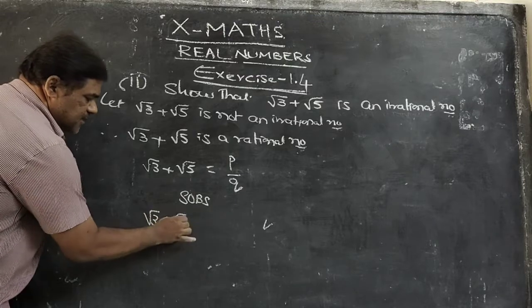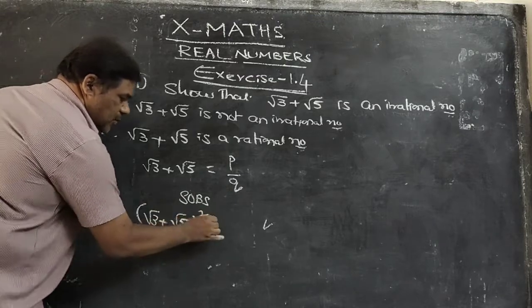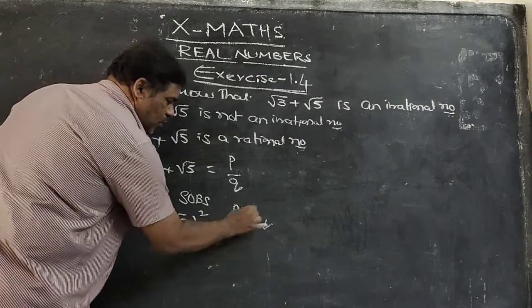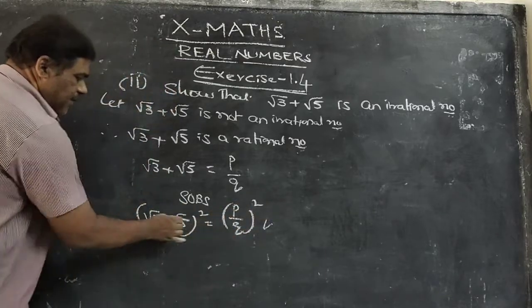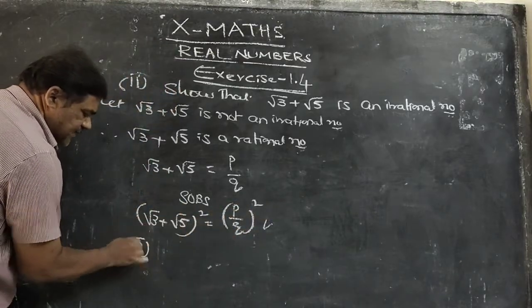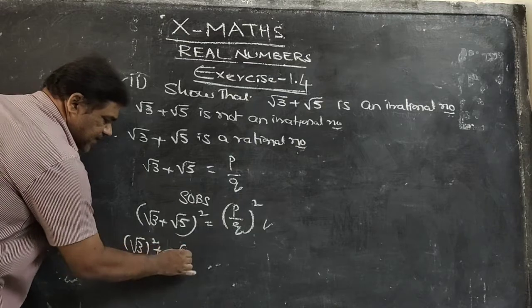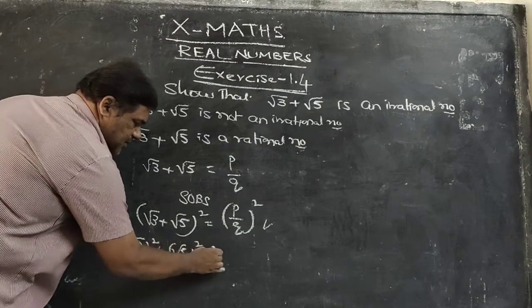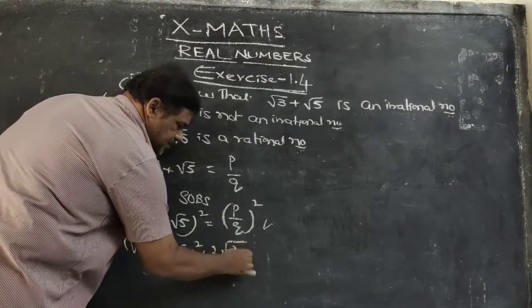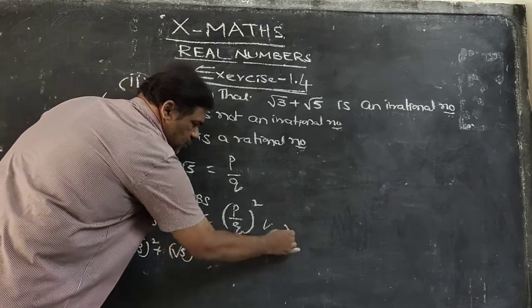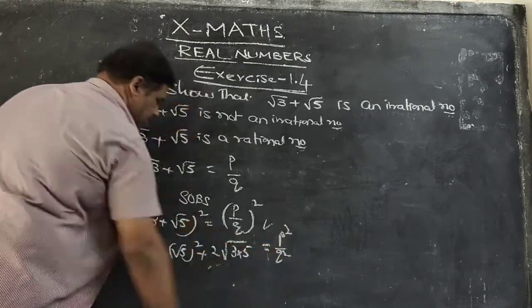Root 3 plus root 5 whole square is equal to P by Q whole square. A plus B whole square is A square plus B square plus 2AB. That is equal to P square by Q square.